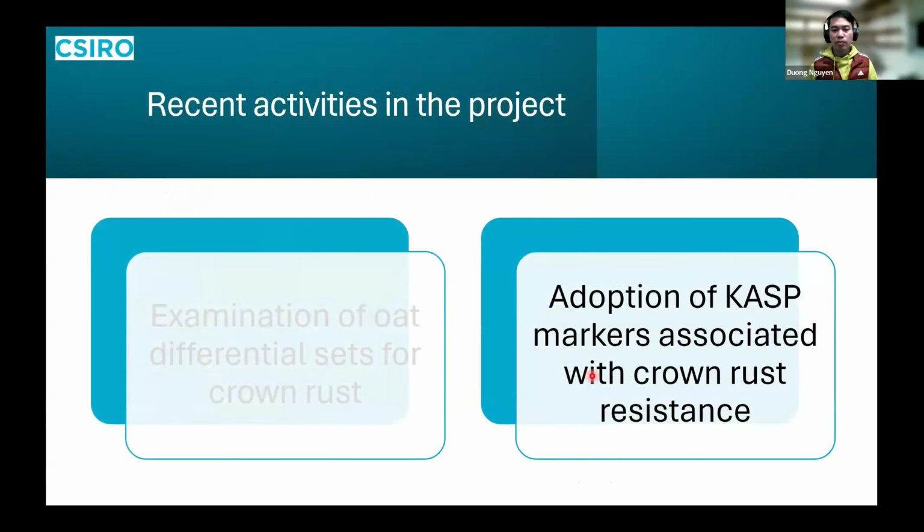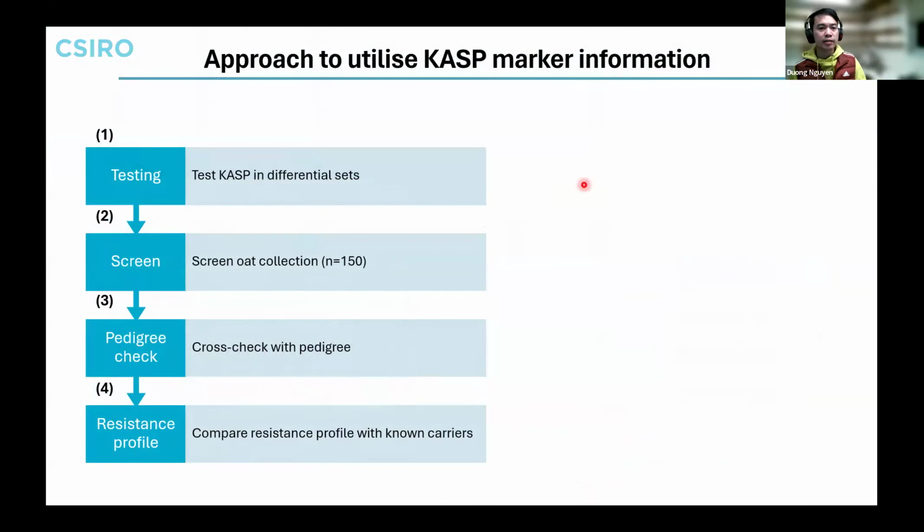Now I'm going to talk about the second part of the project, where we try to adopt the KASP markers from the literature and test them against the Australian germplasm. In this slide, I outline the approach to utilize the KASP marker information in this project. There are four different steps.